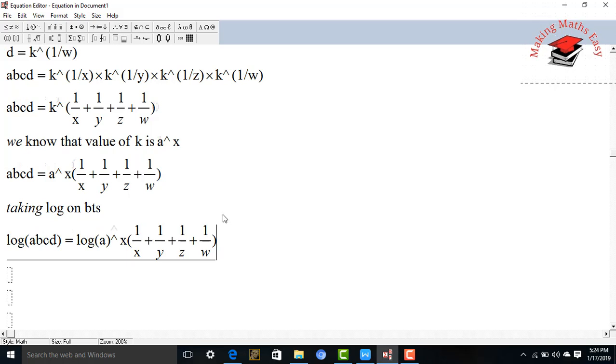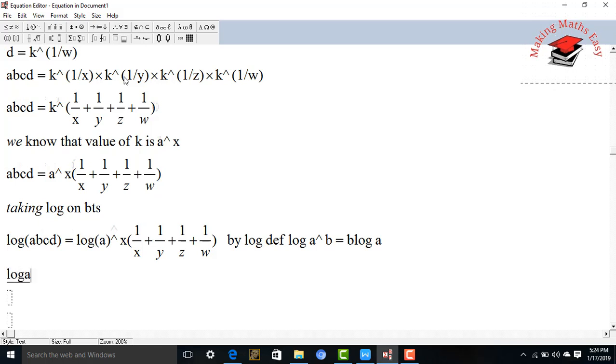Now according to the law of logarithm, log of a raised to b is equal to b log a. So we will use the same property.